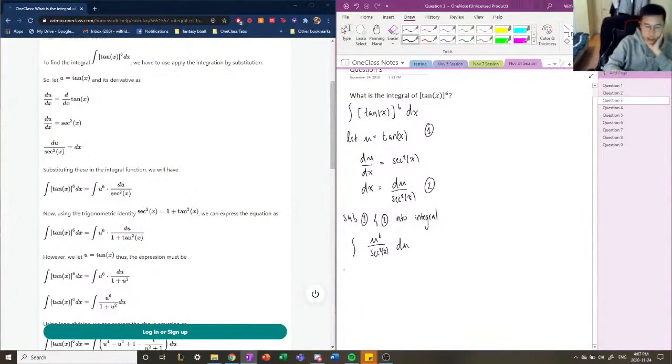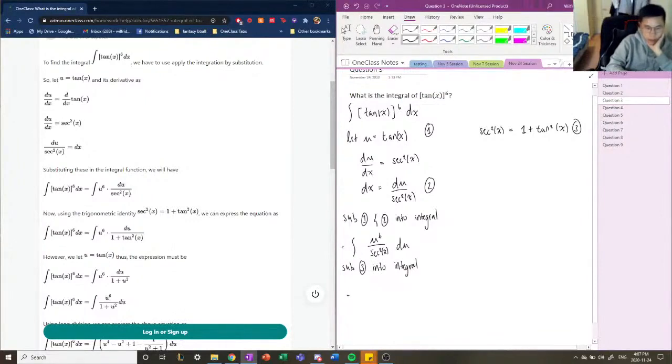Based on our trigonometric identity, we have secant squared x equals 1 plus tan squared x. So we're going to sub that into our equation here.